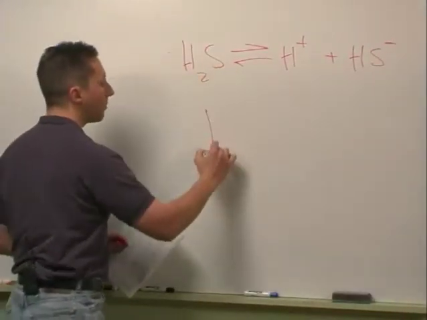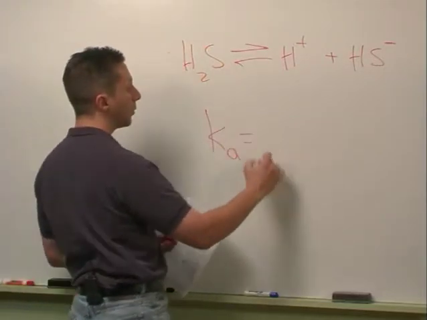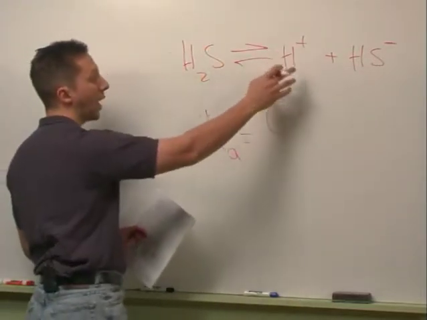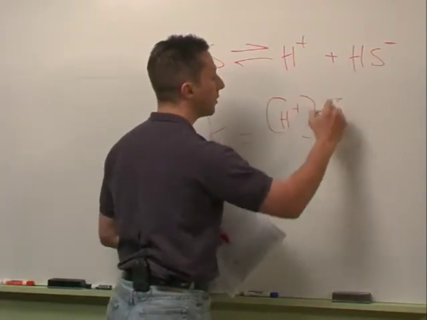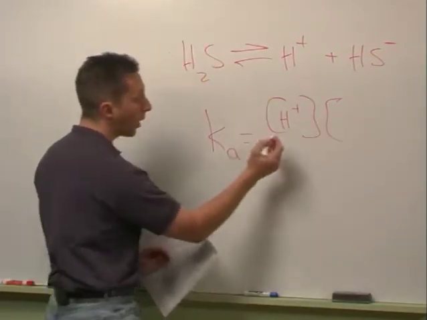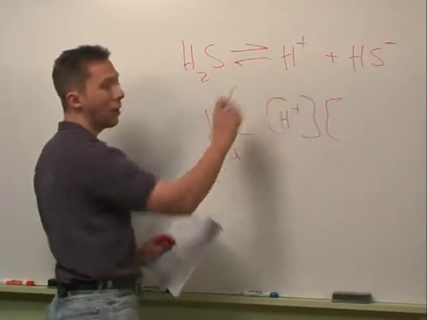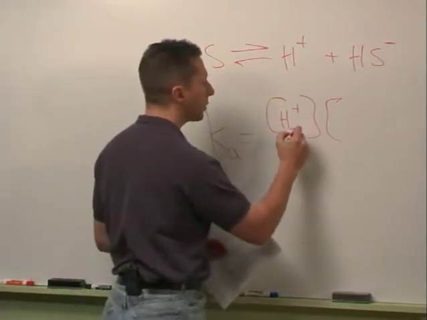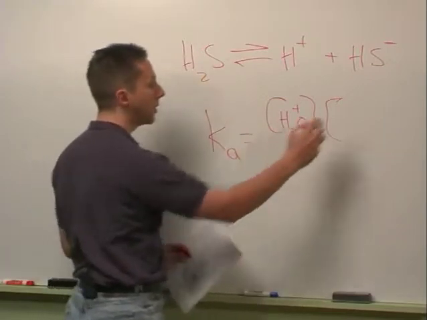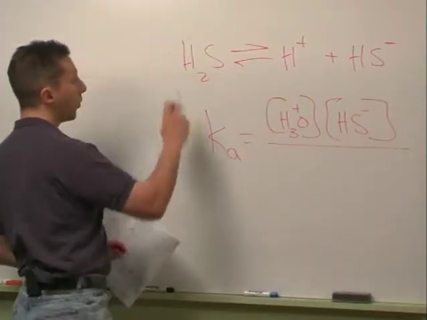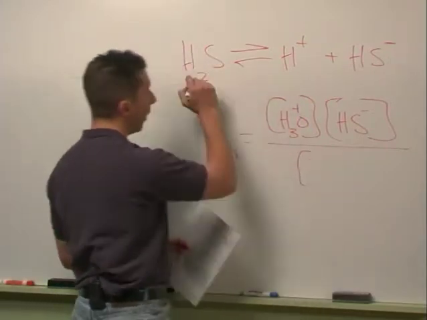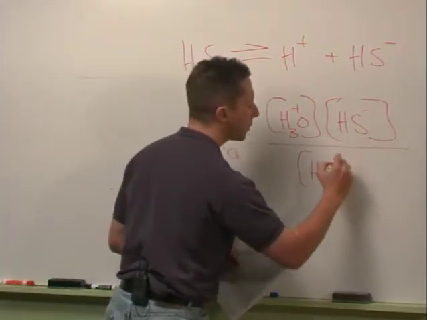And we can describe that dissociation, Ka is equal to the products of this reaction, which will be H plus and HS minus, H plus, which is what we're looking for. Actually, I might not call this H plus because each one of these protons is going to go find a water and protonate it. We'll call this H3O plus concentration and HS minus concentration, put that over our reactant here, H2S.